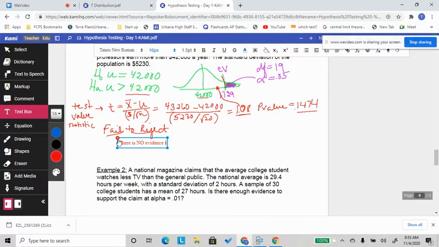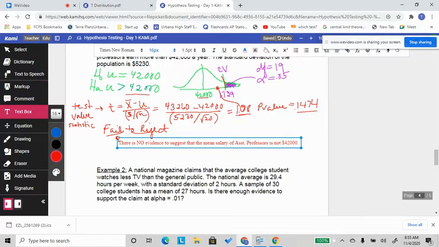We don't have enough evidence to suggest that the mean salary of assistant professors is not 42,000. We have no evidence to shift this entire curve up.